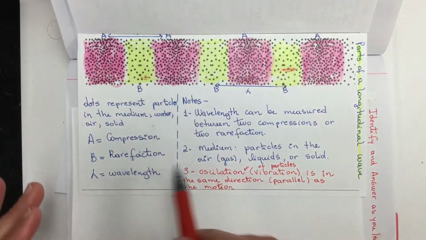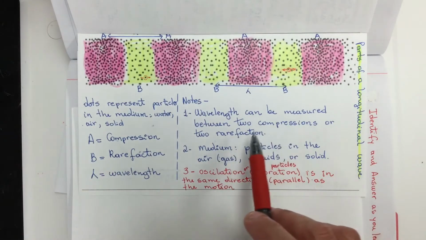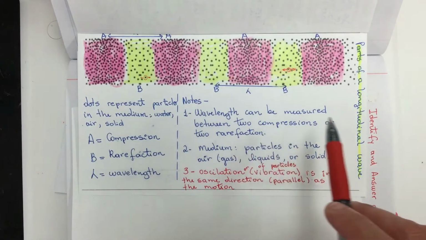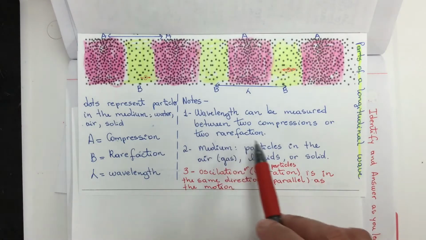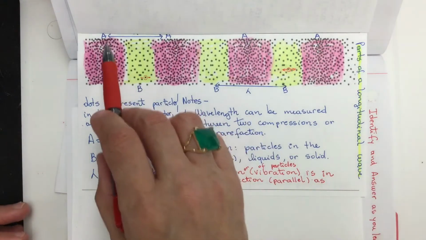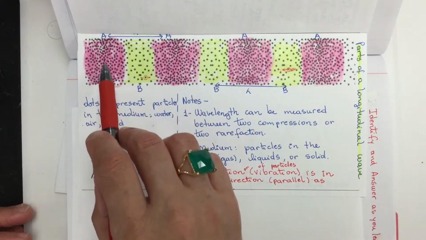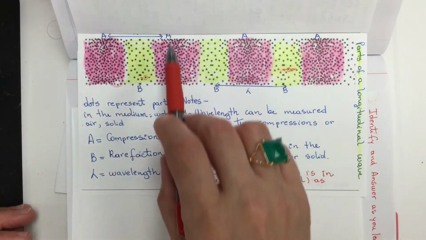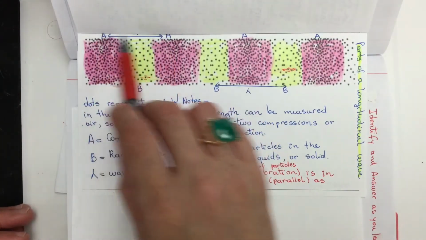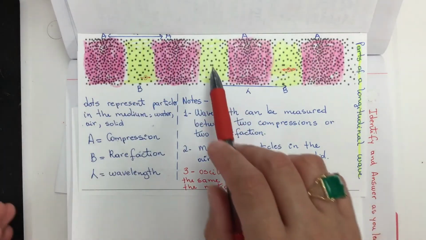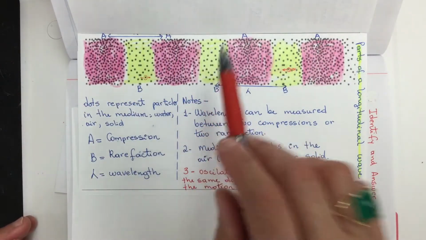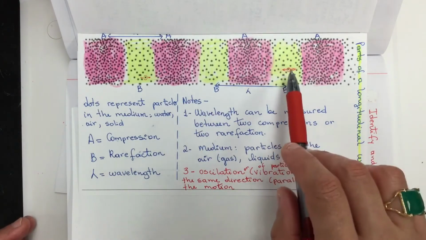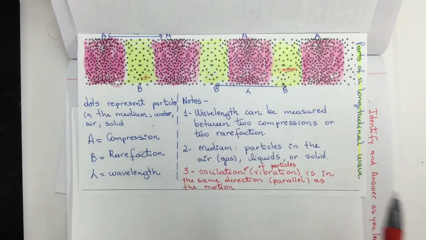But in this case, the wavelength can be measured between 2 compressions or 2 rarefactions. So you just need to spot the center. The center of a compression to the center of the next compression is one complete wavelength, or the center of a rarefaction to the center of another rarefaction.